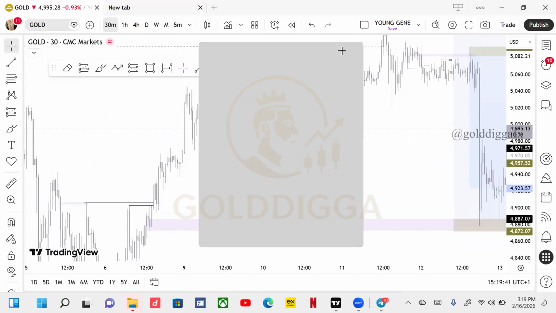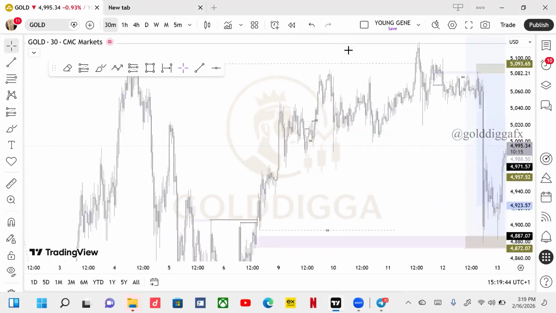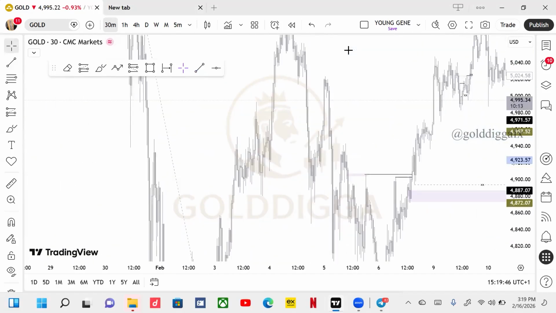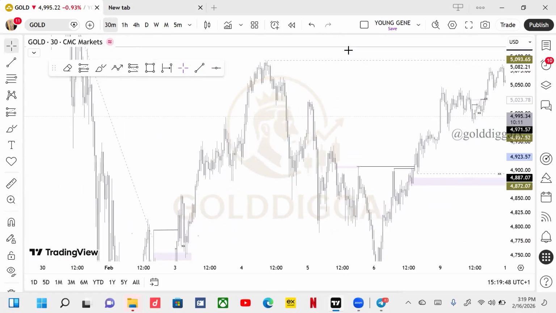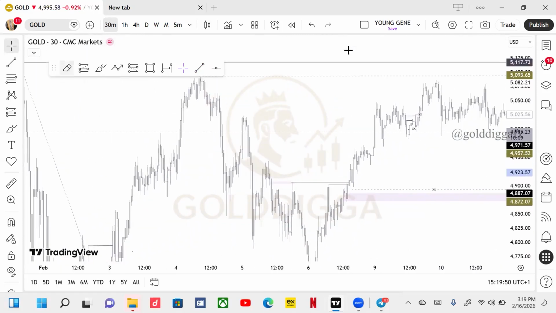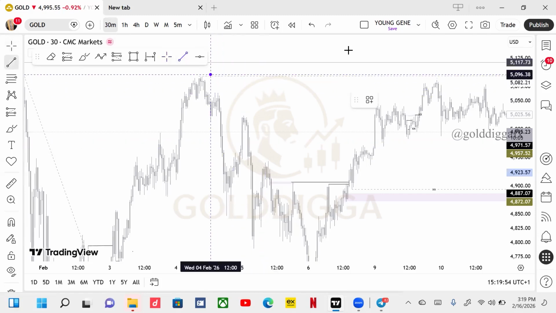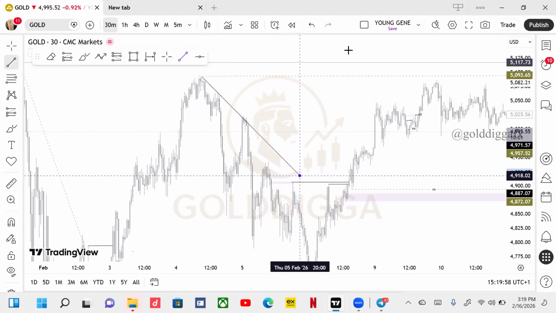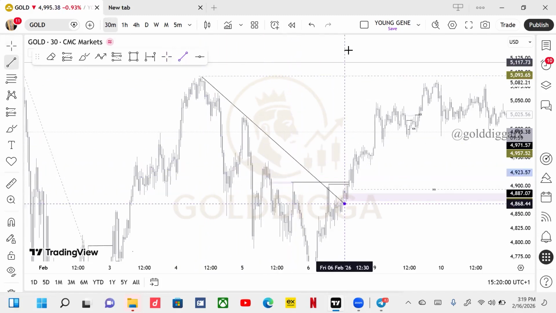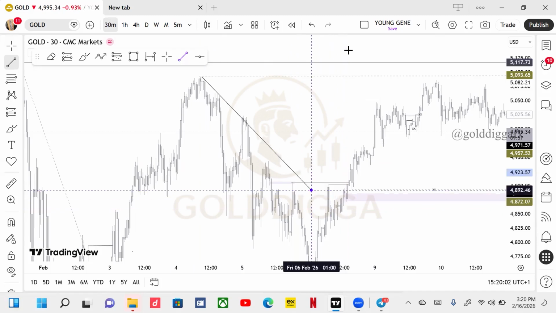A bearish example, all right. Let me look for a good bearish example. A bearish example is everywhere. We have this bearish example here. Price must have rejected at least 3 times from that level.